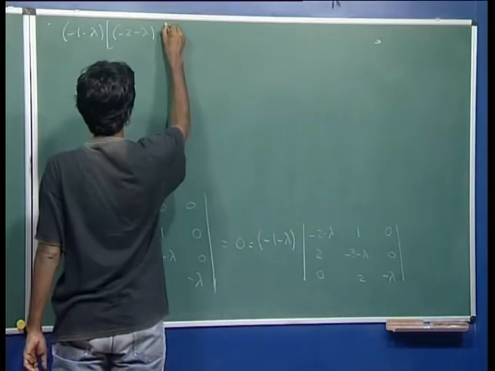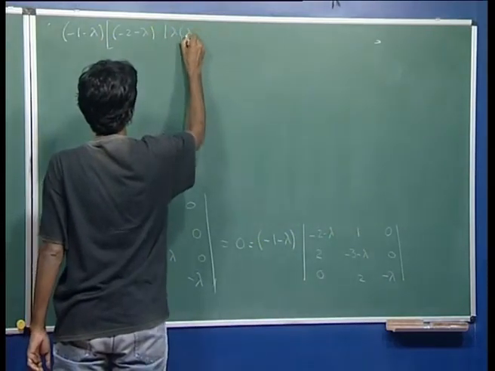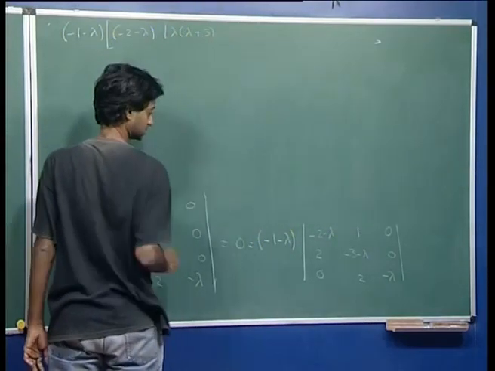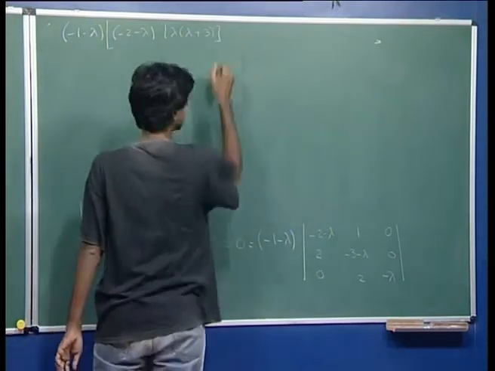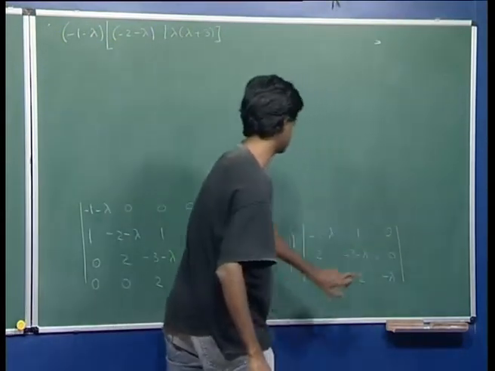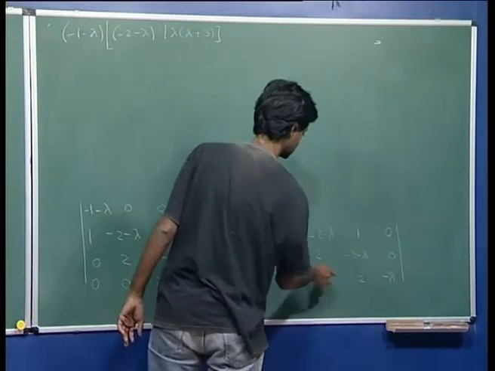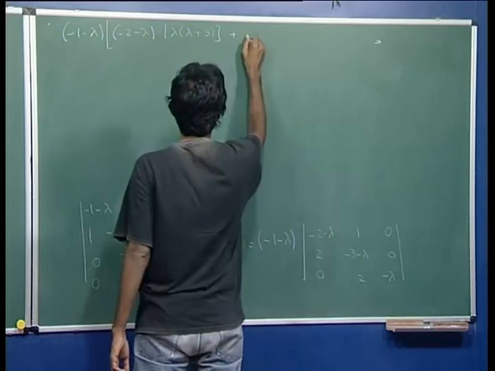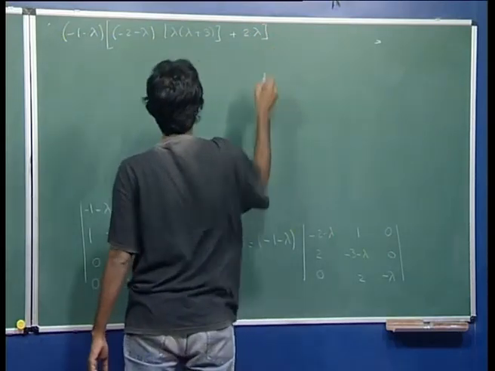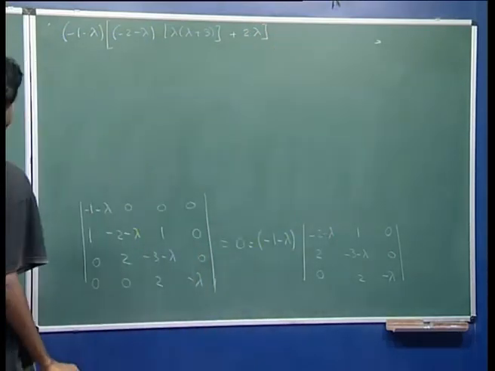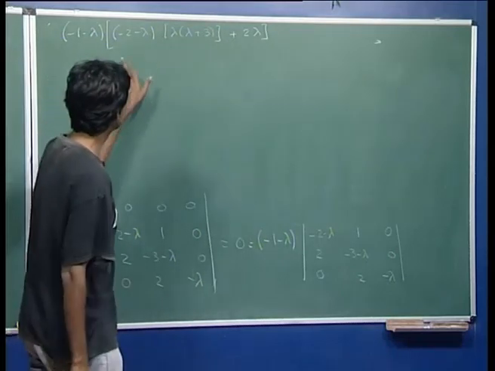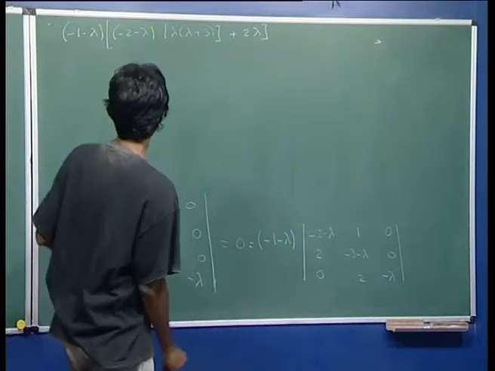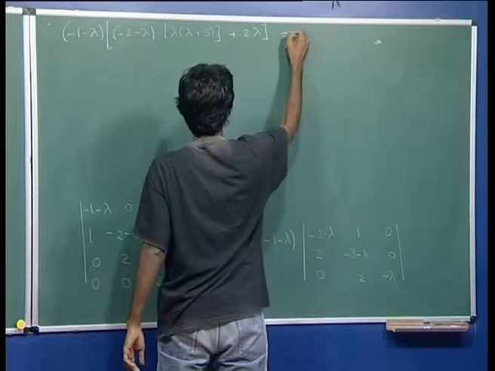So I can write this as lambda plus 3. Okay, so that's the only term. This term is 0, and then you have 1 into this term is 0. So plus 2 lambda. Okay. So you expand this out, and this whole thing has to be equal to 0.